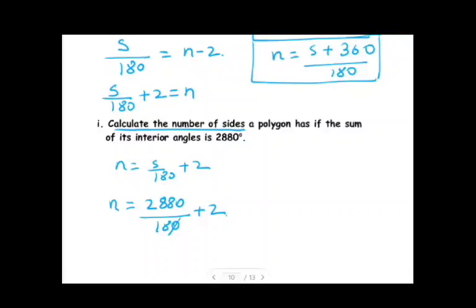So cancel. 2 9s are 18, 2 1s are 2, 2 4s are 8, 2 4s are 8. So 4 plus 4, 8 plus 1, 9. So 144 goes in the table of 9. 9 ones are 9, 9 ones are 9, 5 remainder, 54, 6. So 16 plus 2, 18. So the number of sides of this figure is 18.